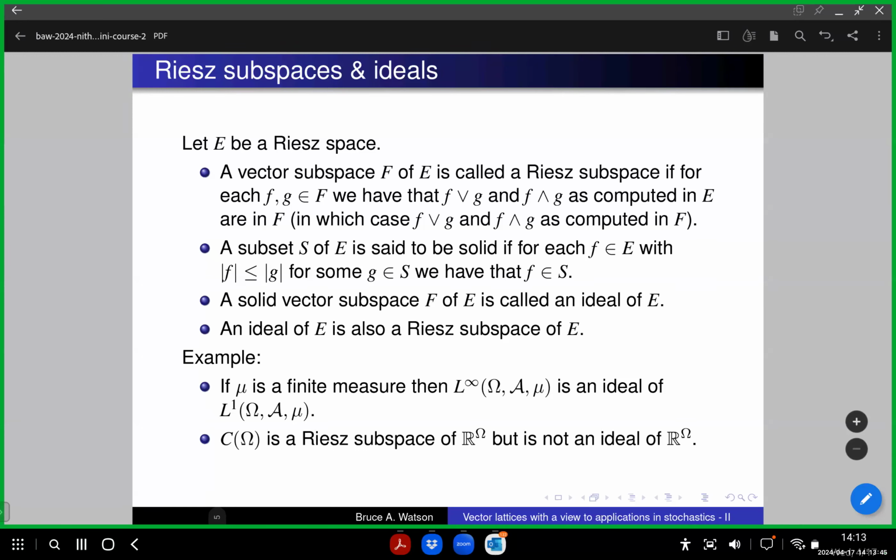You filled in from your original space everything between minus the absolute value of g and the absolute value of g for each g in S.